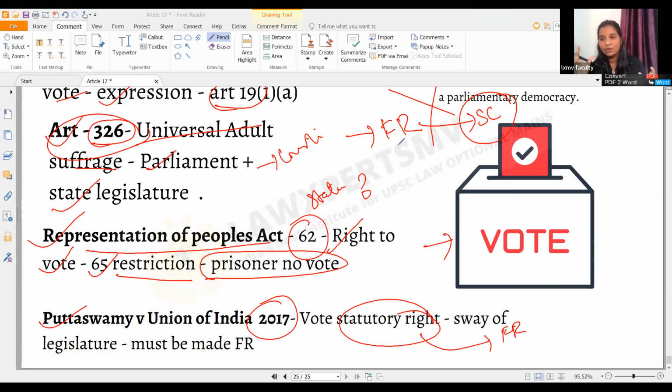This restriction on monopoly does not affect only trade and business; it directly affects the freedom of speech and expression. The restriction under 19(1)(g) can curb only profession and trade, and cannot curb your first right. The monopoly restriction is only for trade, not to restrict the freedom of speech. So that will be the direct discussion, sir.